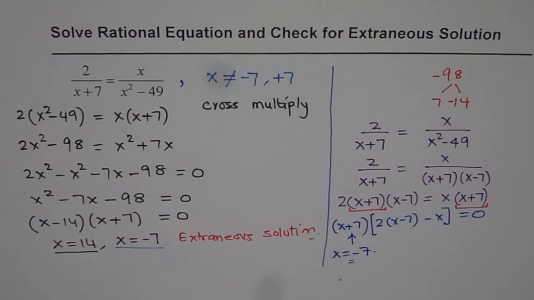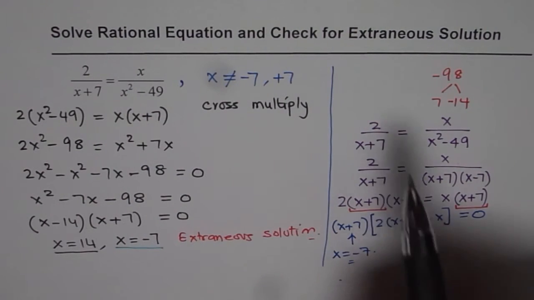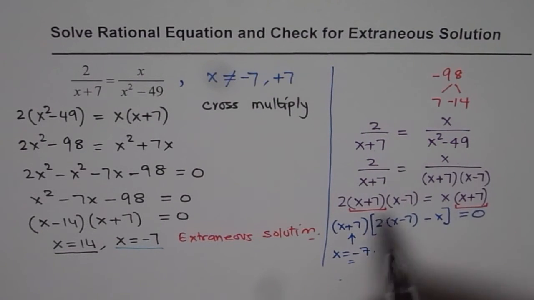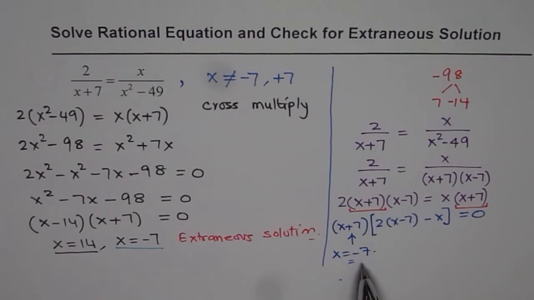In a way, sometimes when we multiply by the lowest common denominator, we actually cancel the terms, avoiding getting the extraneous root. That is probably a better way when we are solving equations, but it is not recommended for inequalities, since it makes a huge difference in solving inequalities.